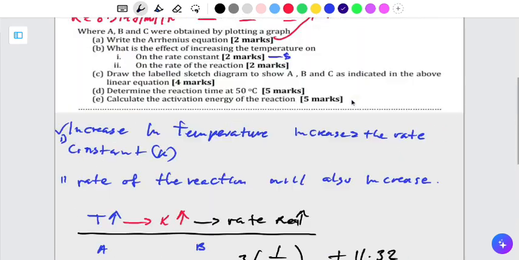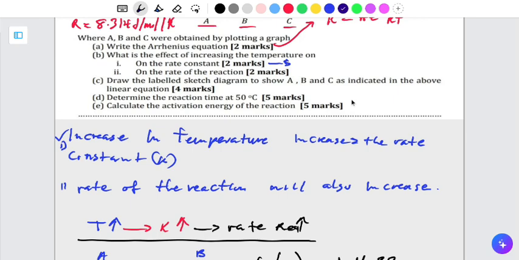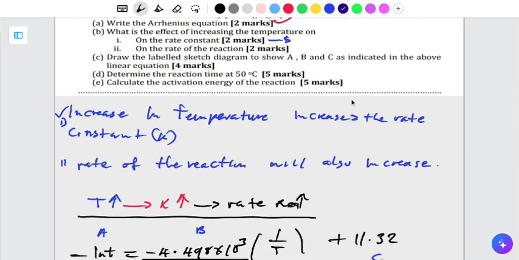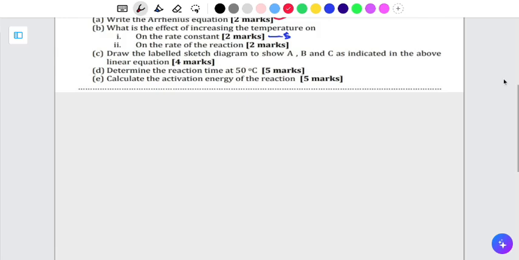So let's see if we have more questions. Alright, so we have question D. It is saying determine the reaction time at 50 degrees Celsius. Always when you have been given the temperature in degrees Celsius, you need to convert it into kelvins. So how do you convert that?